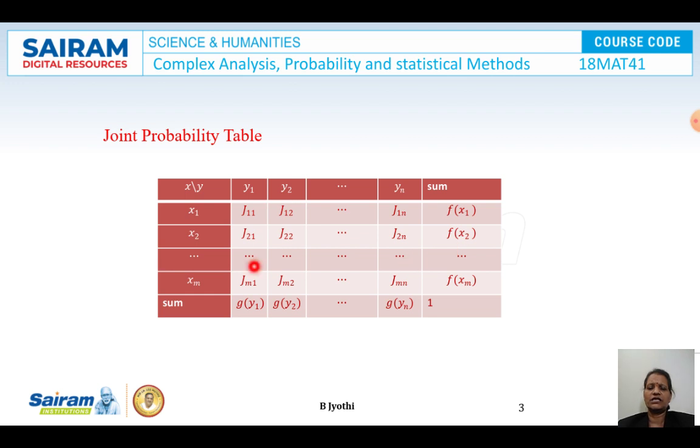If we take xm and y1, it will be jm1, jm2 and jmn, whose sum will be f(xm). So the sum of j11, j21, etc., jm1 will be g(y1), and j12, j22, jm2 will be equal to g(y2), and j1n, j2n, jmn will be g(yn), whose total is again equal to 1. This is the joint probability distribution table.